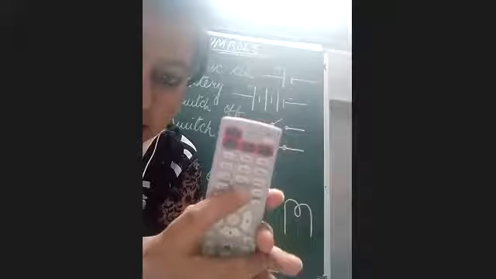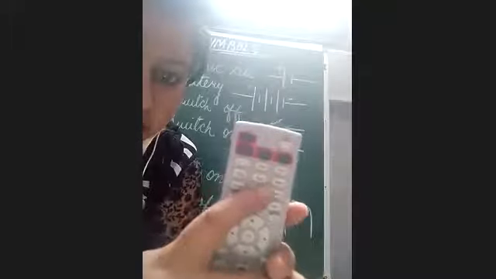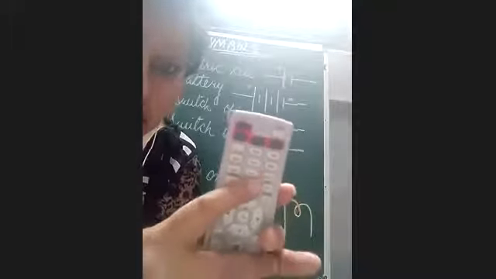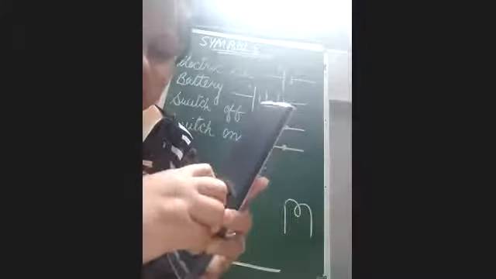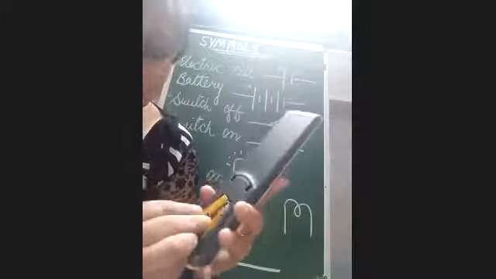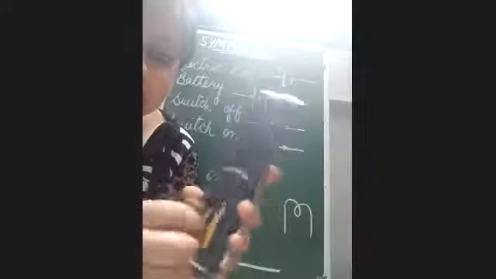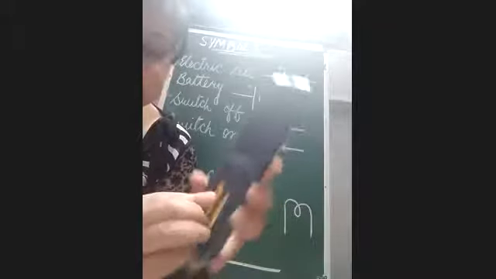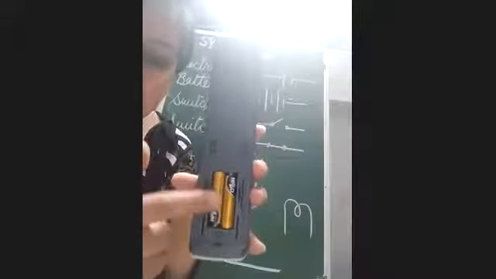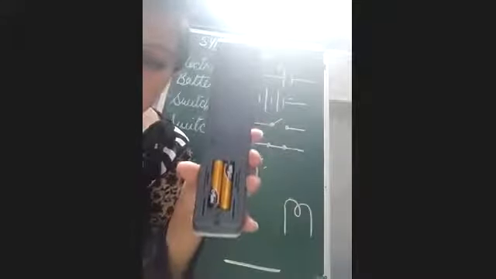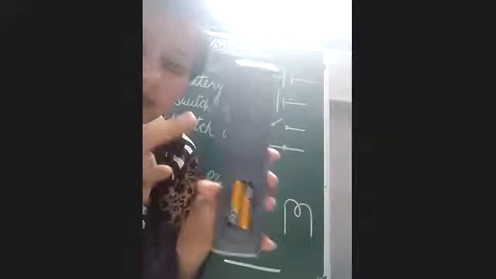Is it glowing? I'm pressing it. Is it glowing? No, because these have to be adjusted in positive and negative terminals. Yes, it has to be opposite to show it. We cannot have two positive terminals together. Got it?